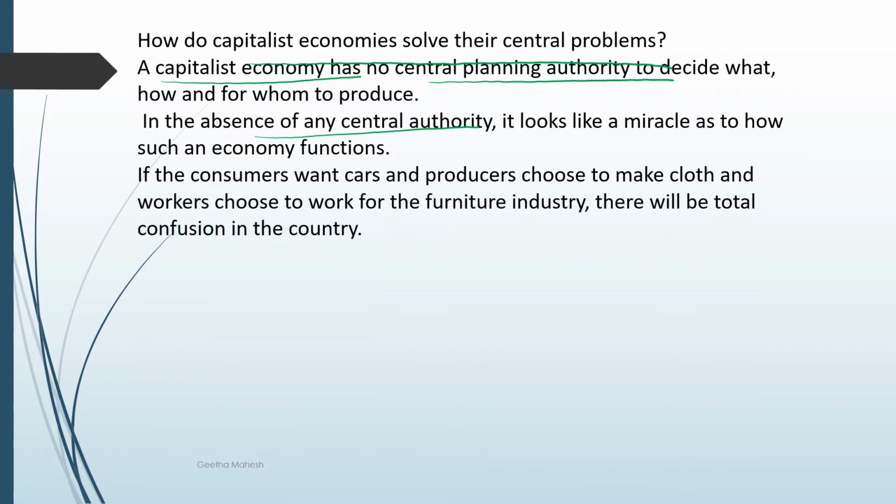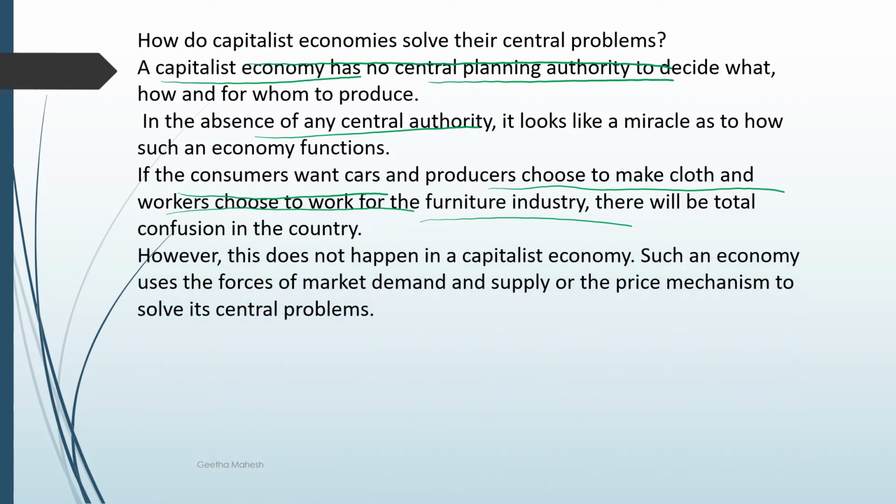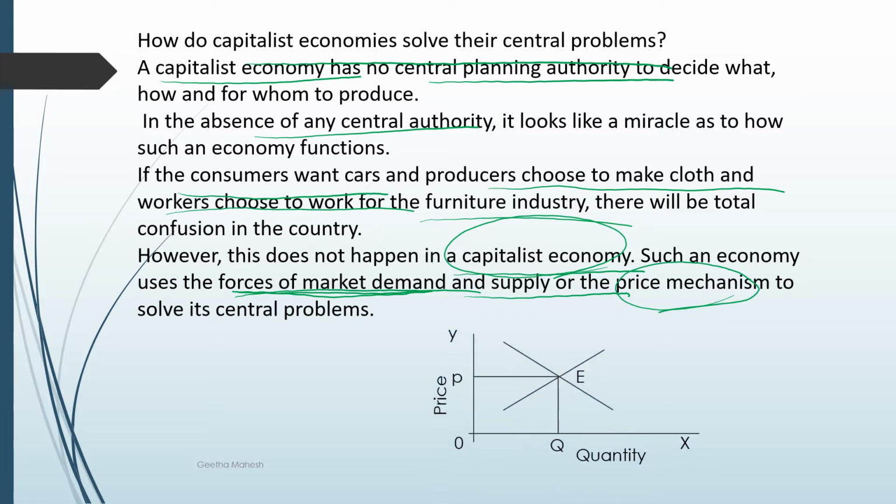You know, consumers want to buy cars, producers want to produce cloth, and the workers want to work in the furniture industry. So there seems to be total confusion in the economy. However, this does not happen in a capitalistic economy because it works on the force of market demand and market supply, or the price mechanism, or market mechanism. It helps to solve these types of problems.